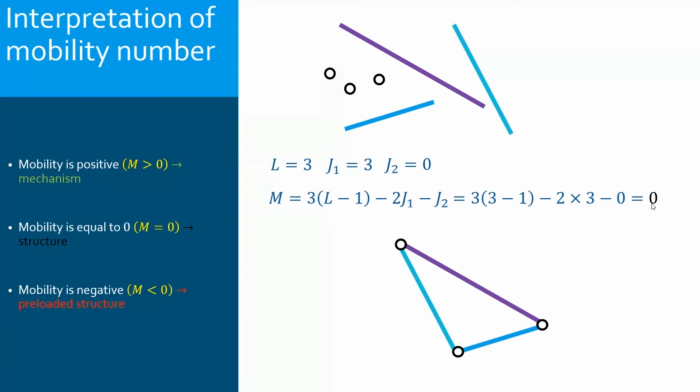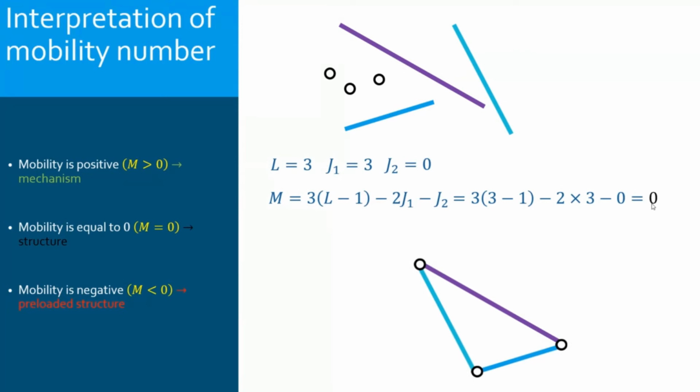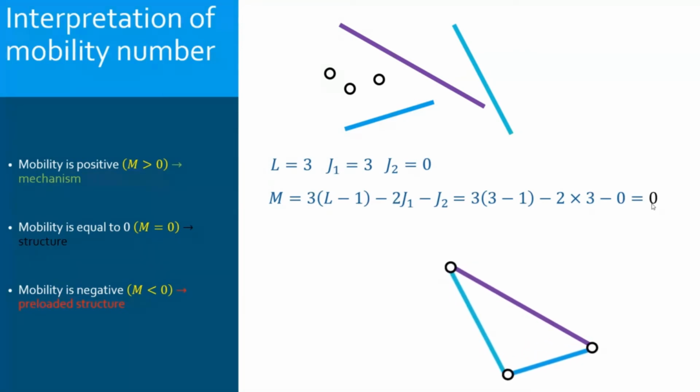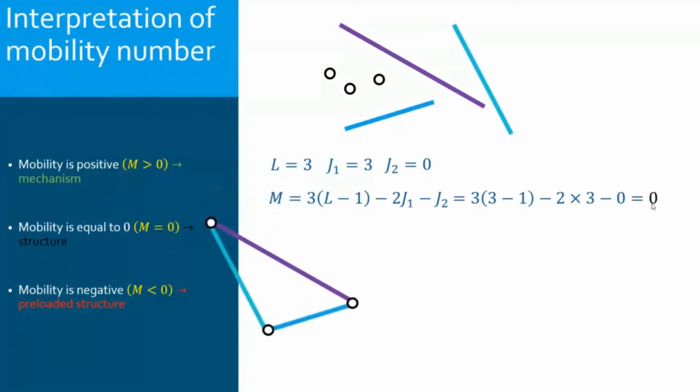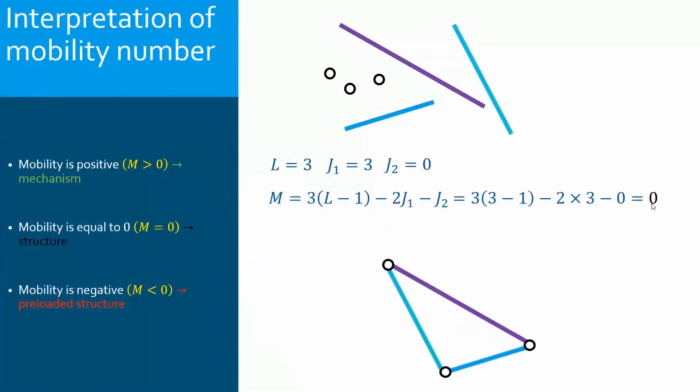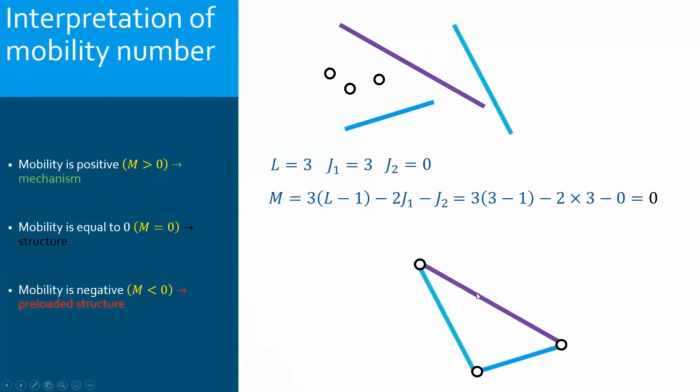There is no possible motion. They can only move together as a whole, one rigid body. The purple bar cannot move relative to the blue one, and the cyan bar cannot move with respect to this one.